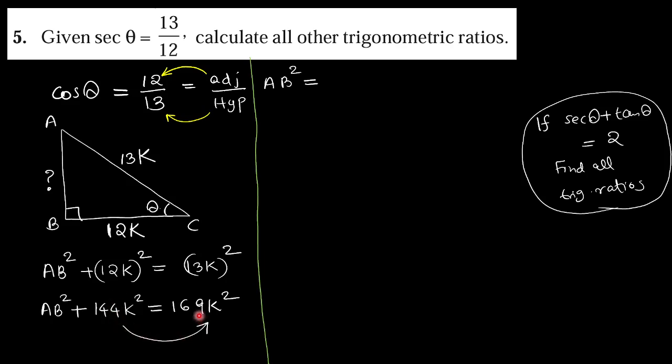144k square taken to the other side. You will get 169k square minus 144k square. AB square equal to 169 minus 144 will be 25, 25k square.